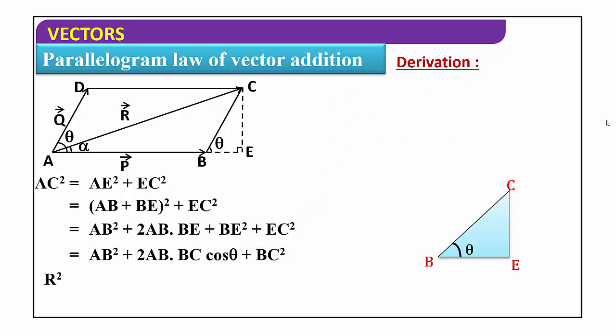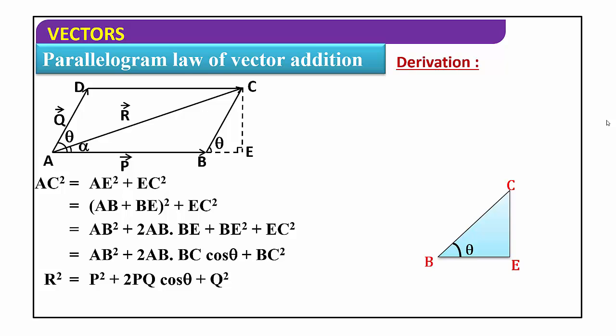Or we can write in the place of AC square, AC is equal to resultant vector R. So I am going to write in place of AC square as R square is equal to, in place of AB is equal to what? Vector P. So we want magnitude, so we can write P square plus 2 into AB. In place of AB, we can write vector P. In place of BC is equal to vector Q, because you can observe the diagram, the adjacent sides AD and BC.